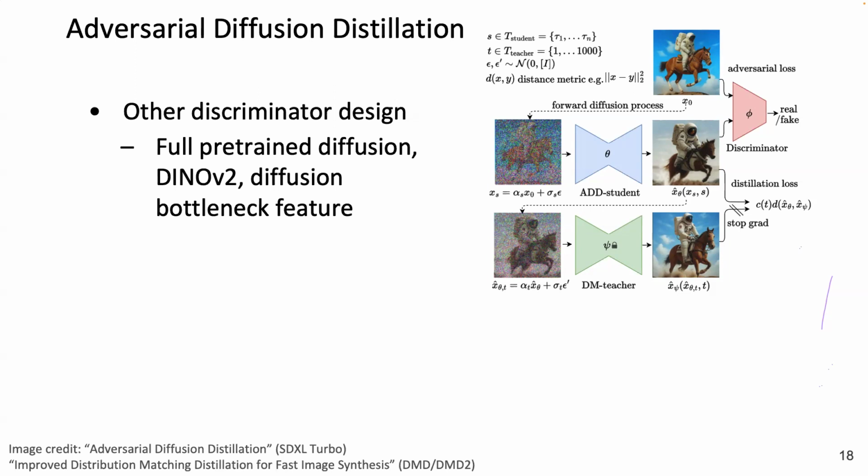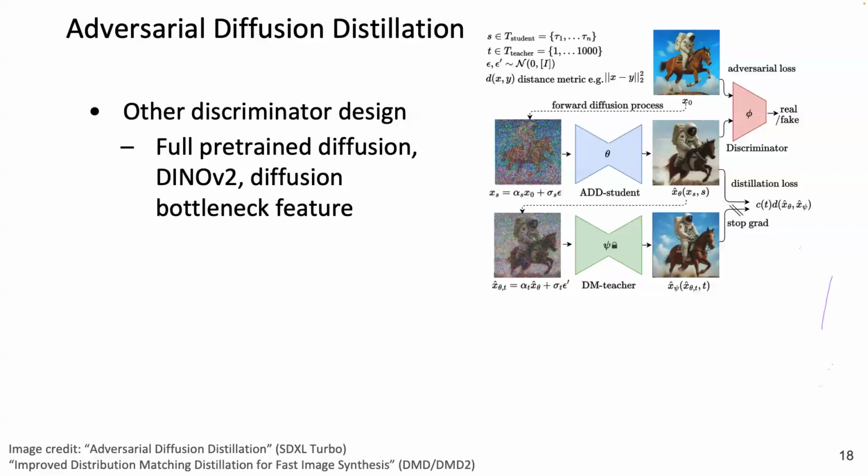However, one problem, intuitively, is that such an approach involves a separate DINO encoder as well as a separate decoder. In general, it would make the computation much higher. Further improvements show that we can actually just take the downsampling part of the diffusion model: we take an image, or specifically a generated latent, and map it into a bottleneck feature of a smaller spatial resolution, and perform the classification on top of that bottleneck feature.